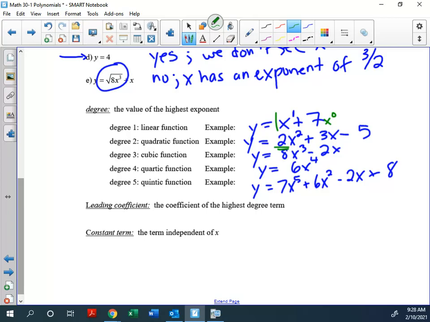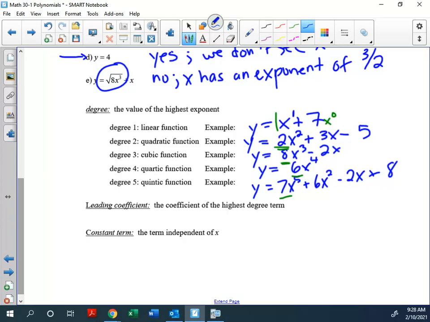So by just looking at that equation, I already have some information about what it's going to look like. We're going to extrapolate from that as we go. Leading coefficient here was 8. Does that make sense? 6, 7. So that very first term that we see, that leading coefficient, is going to become really important and give us something about what that graph is going to look like.